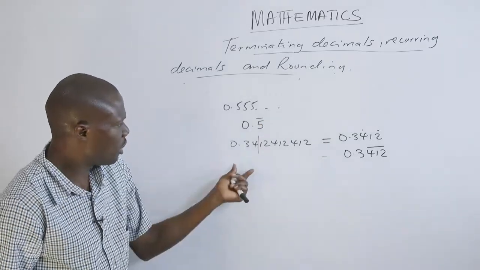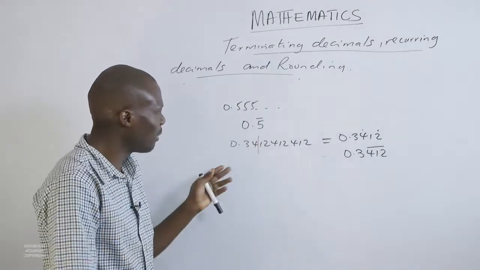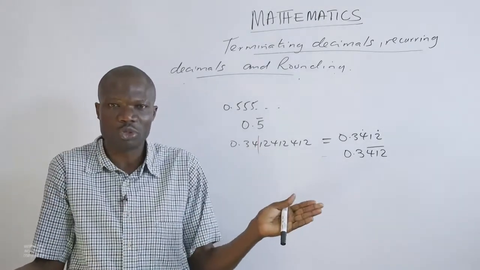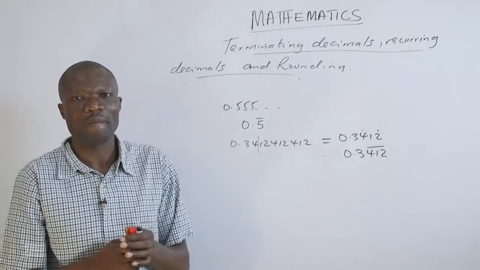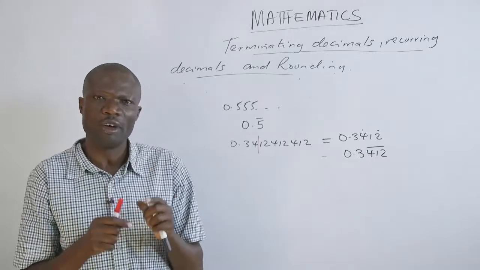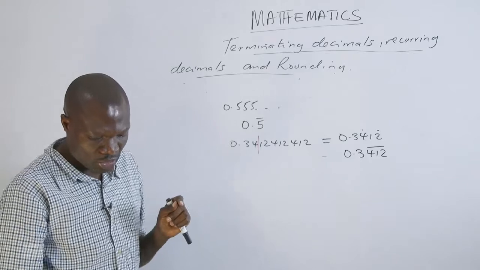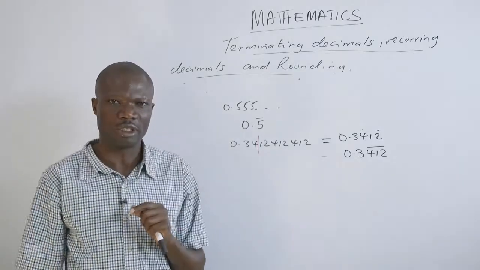Now, if we are approximating a decimal number to fewer decimal places, for example 2 decimal places, there are some issues we should keep in mind. One is the critical digit, and the other is what we call the rounding digit.